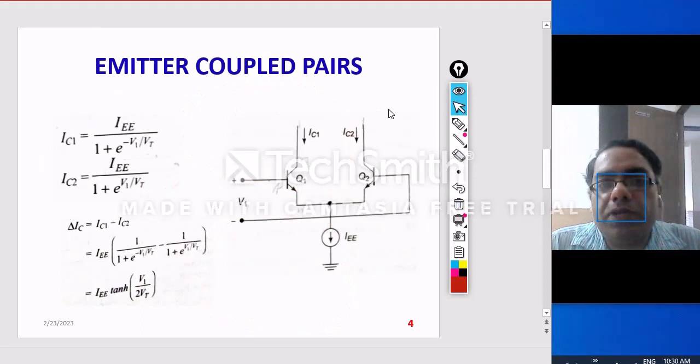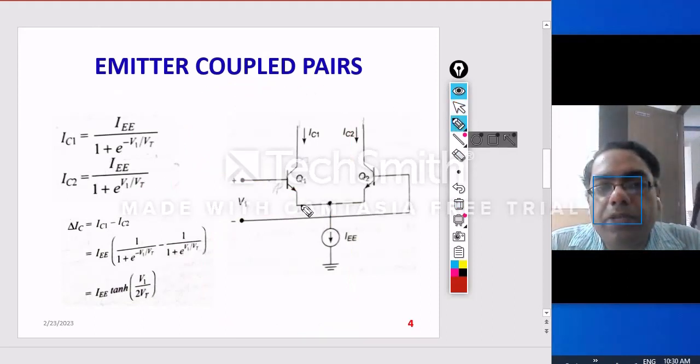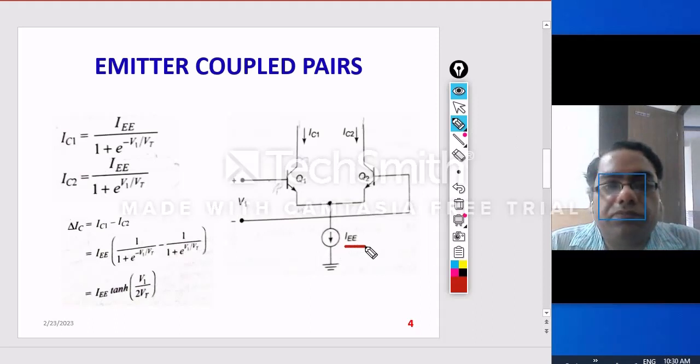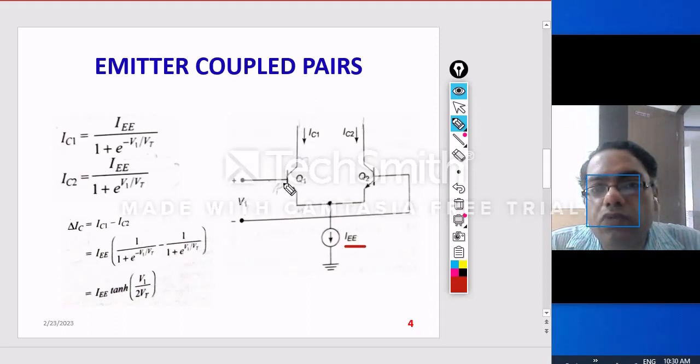Now this is the basic circuit of emitter coupled pairs. In this emitter coupled pair, you see two transistors are connected back to back and the emitter is coupled, and IW is the emitter bias current. Now the two collector currents are IC1 and IC2 and the differential voltage given is V1.